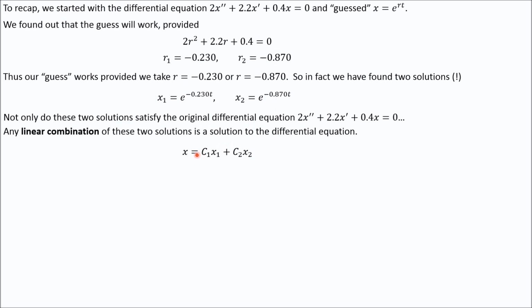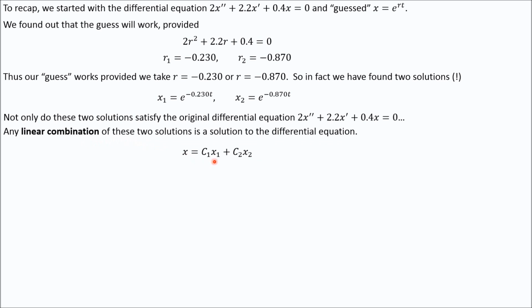Then I encourage you to check that if you take any constant multiple of x1, like say 3, so 3e to the minus 0.23t, and then take any constant multiple of x2, and you add these two things together, that's called a linear combination, in case you haven't taken linear algebra before.